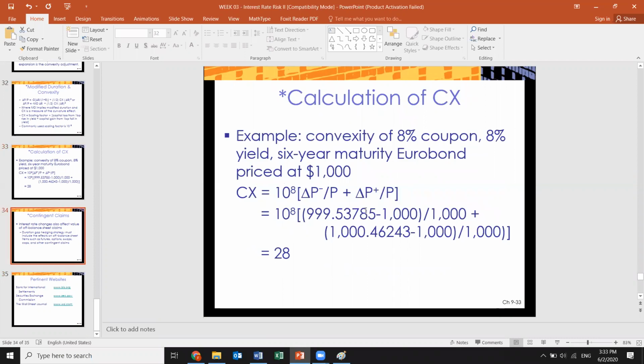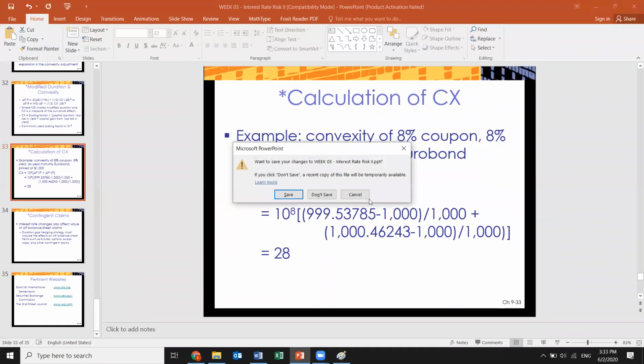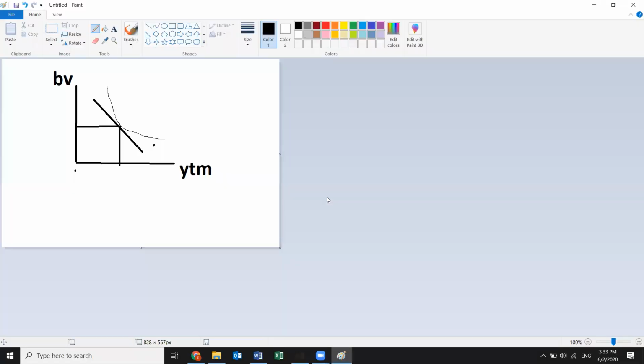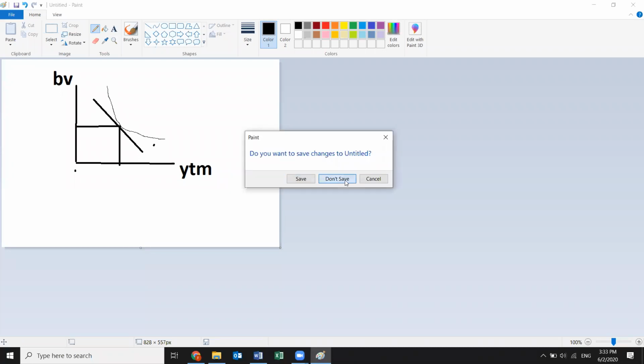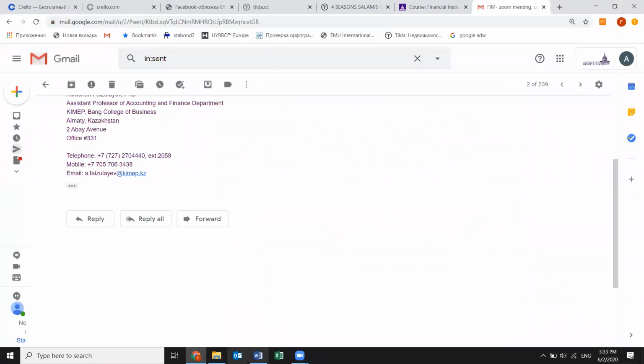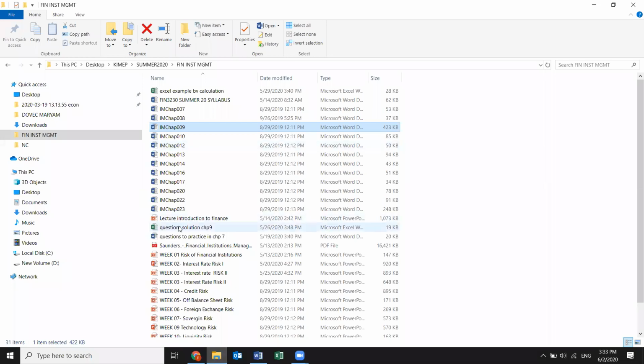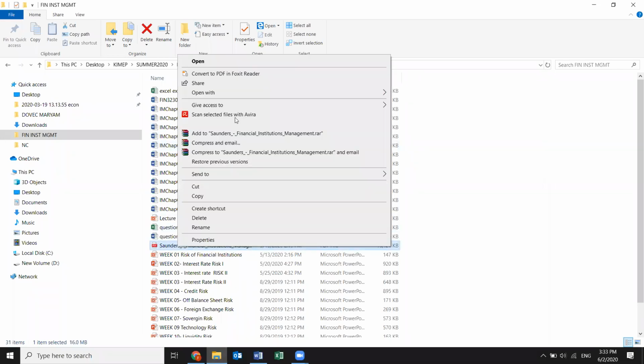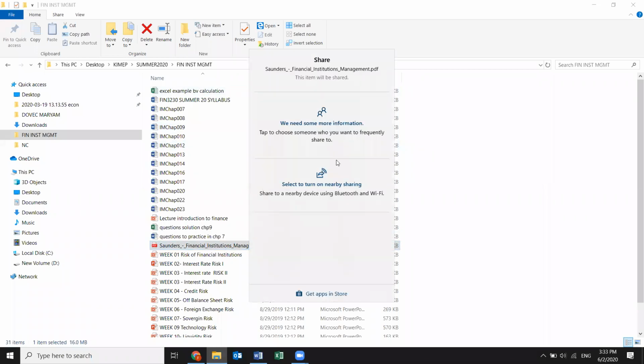Okay, this was the example of convexity. We'll have more examples on convexity tomorrow. But now I want to share with you this chapter, which is uploaded in Moodle. Once we go through the examples, it will help us understand better.